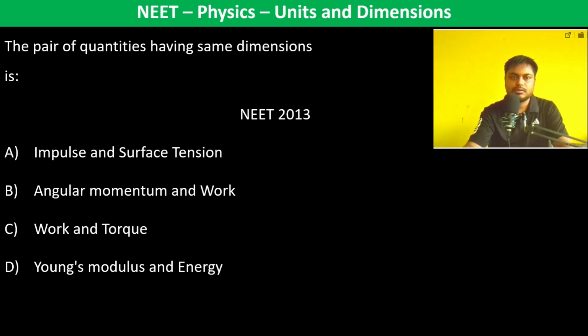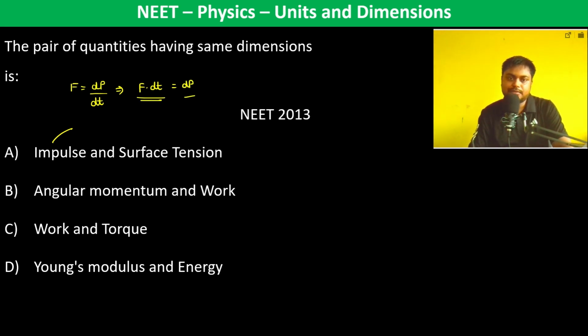Thank you. The pair of quantities having the same dimensions is, okay, impulse. So what is impulse? So we have F is equal to dp by dt. So F into dt is equal to dp. So this is termed as impulse.